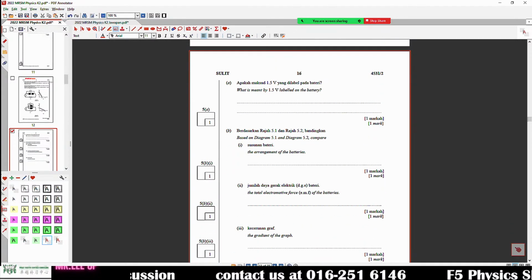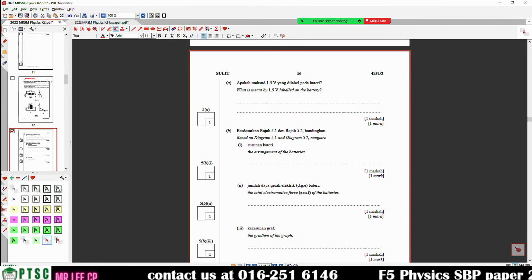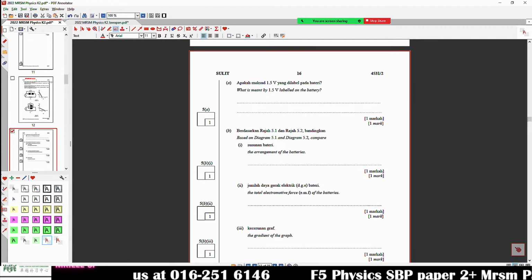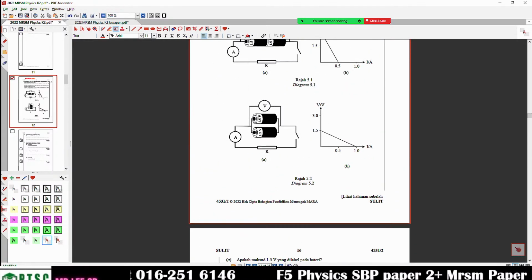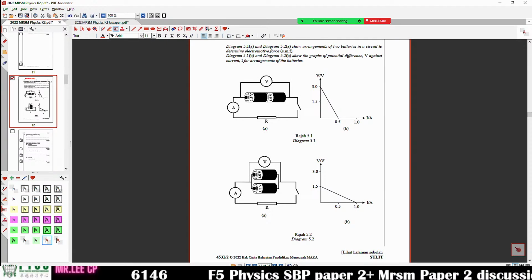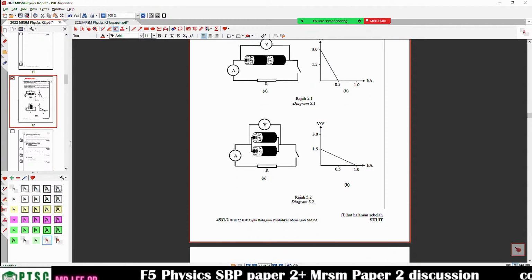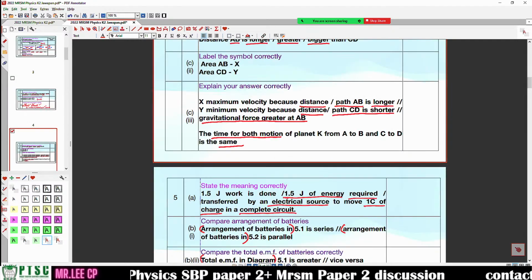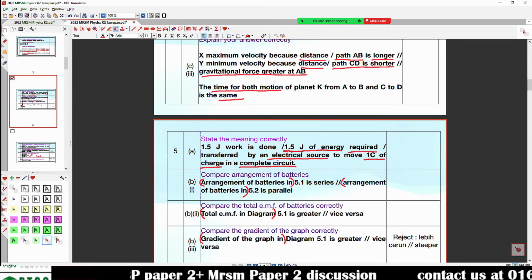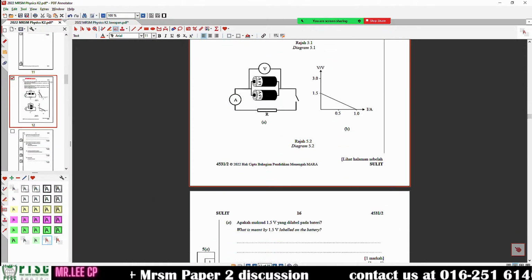Next one. Number B1. Based on 5.1 and 5.2, compare the arrangement of the battery. 5.1 is connected in series. 5.2 is connected in parallel.